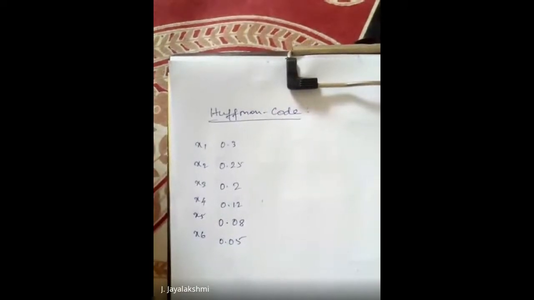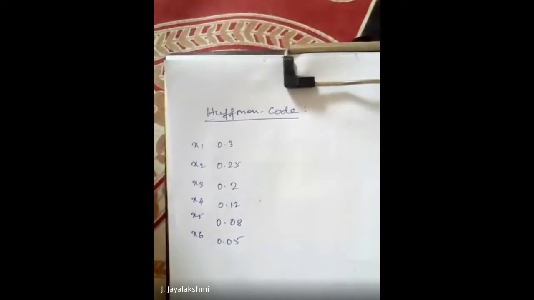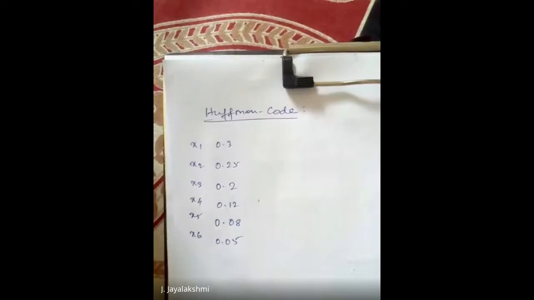So the first thing is, whatever the probabilities given in any problem statement, the first thing you are supposed to do is write them in descending order. Don't forget that. In the problem, they won't give them in a specific order, they give them randomly. The first symbol can have a probability of 0.2, the second symbol may have 0.08, the third symbol may have 0.3, the fourth may have 0.05.